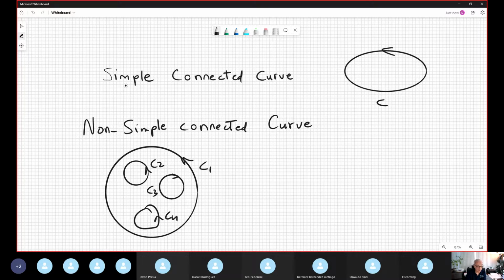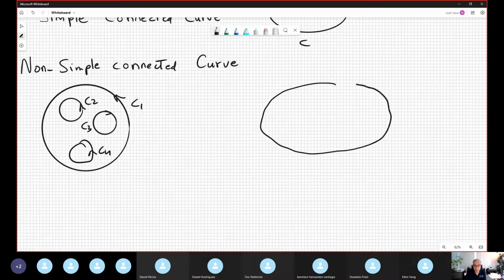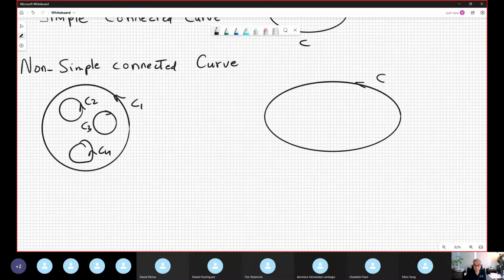Yes, you can apply it. I want to prove it now. To prove this, I suppose something a little bit easier, not too complicated. Suppose we have one curve, I call it C1. You have another curve inside, I call it C2.